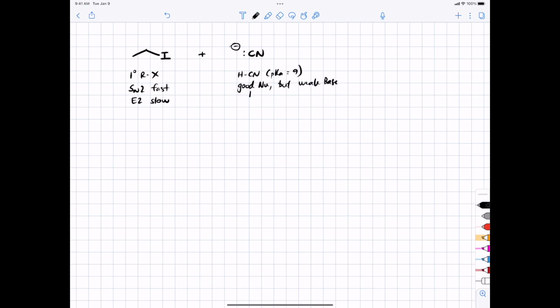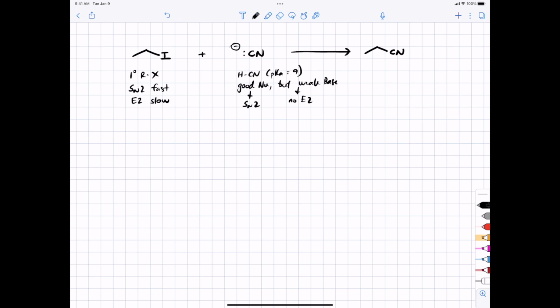Good nucleophiles favor SN2. Weak bases do not favor E2. So based on these two factors, the nucleophile favors SN2 and the alkyl halide favors SN2, we can predict that we would observe a substitution product.